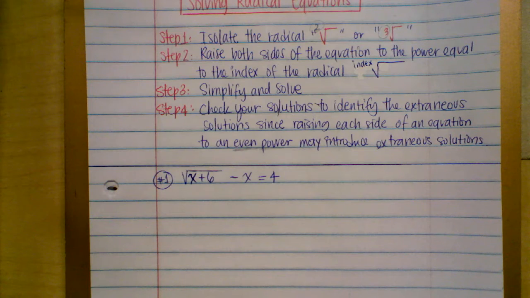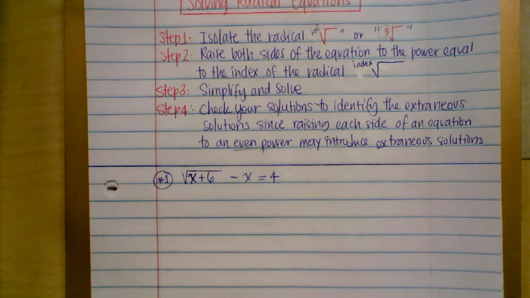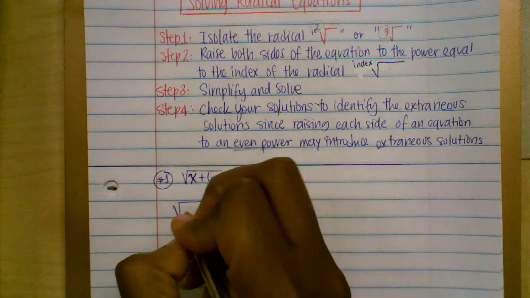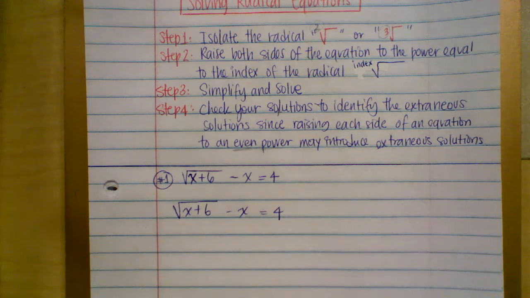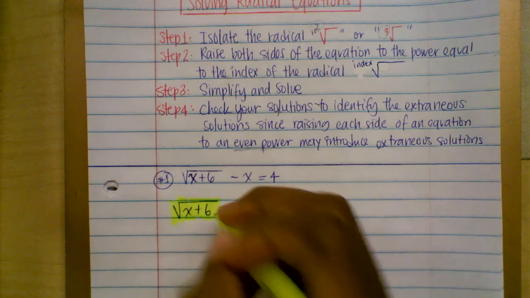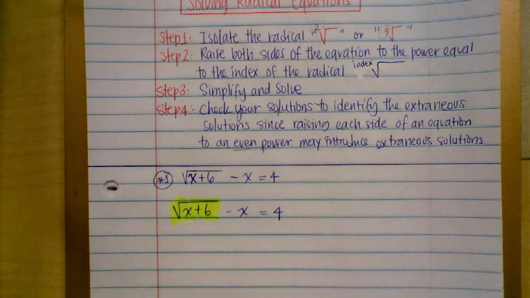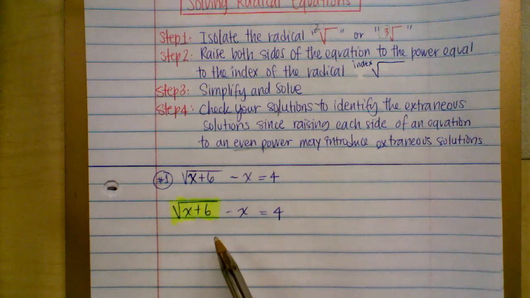So how would you do that? Again, you're going to follow step 1. You want to isolate the term with the radical. So let me rewrite the equation below. The term with the radical is the expression square root of x plus 6. So we want to isolate this, the square root of x plus 6. So what will you do here? We want this term to be all alone on the left side.